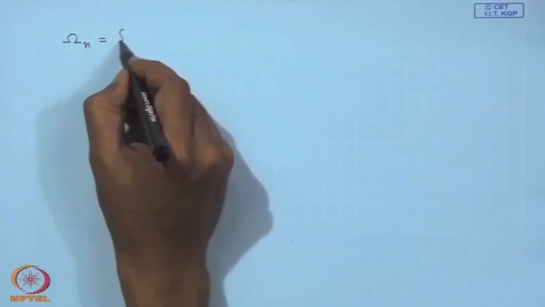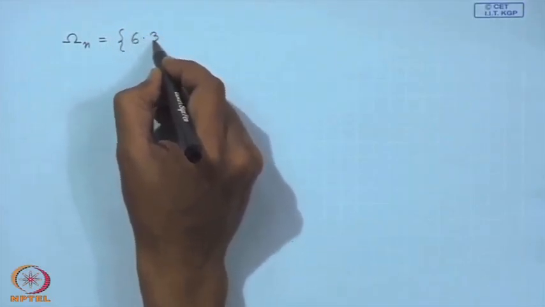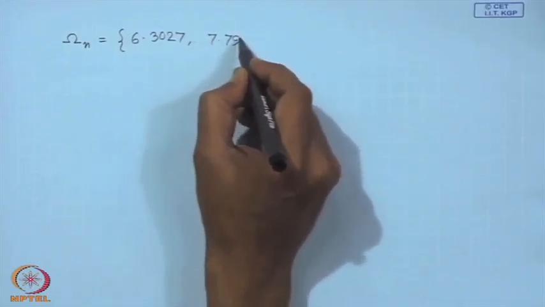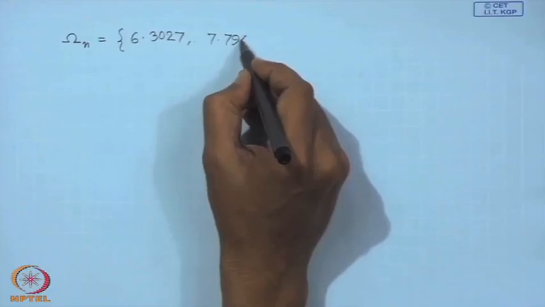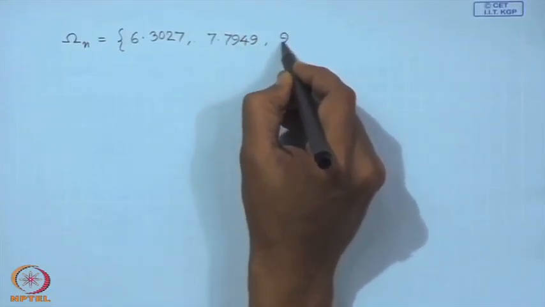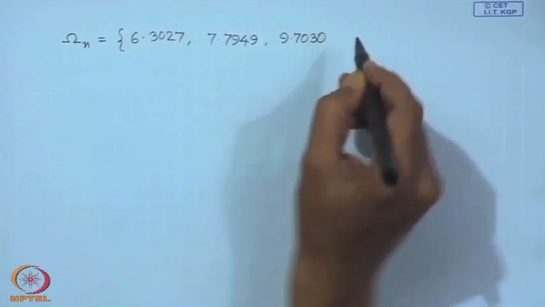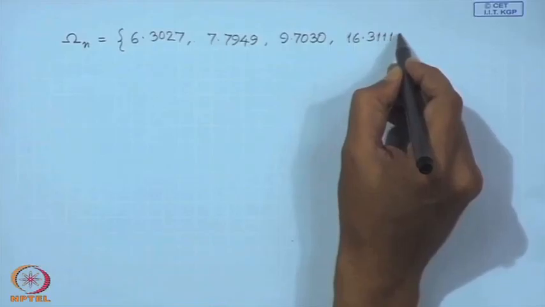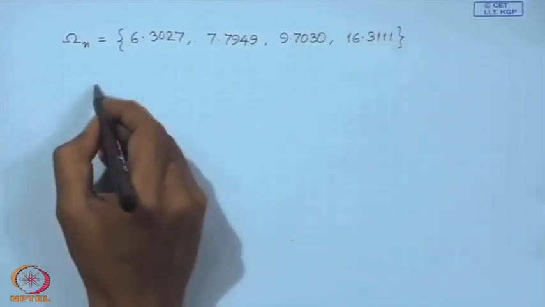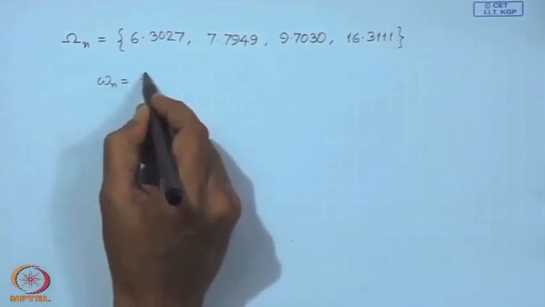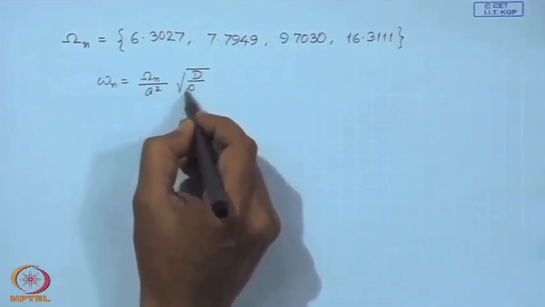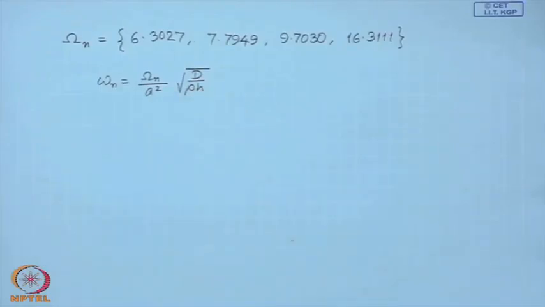as non-dimensional numbers. The first few circular eigen frequencies are obtained like this, and the dimensional eigen frequencies are obtained from here.